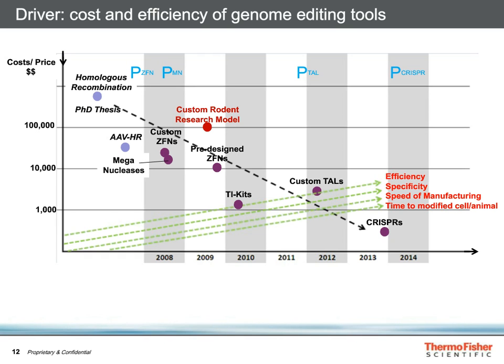And then now we're down into CRISPRs in 2014 to 2015. The cost of the CRISPRs is going down. And I'll say that we're also working, we've got the cost of the custom TAL effectors down in the range of CRISPRs soon as well. So suffice to say, now the tools are very affordable, and the tools are very accessible to folks that want to do genome editing.